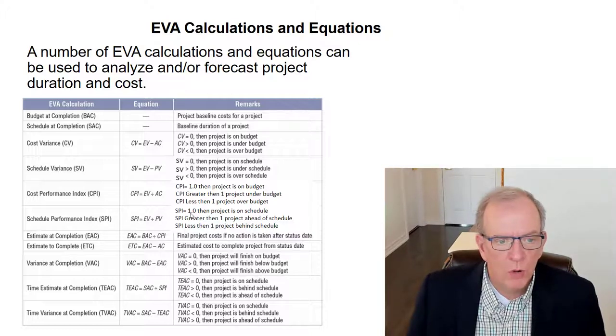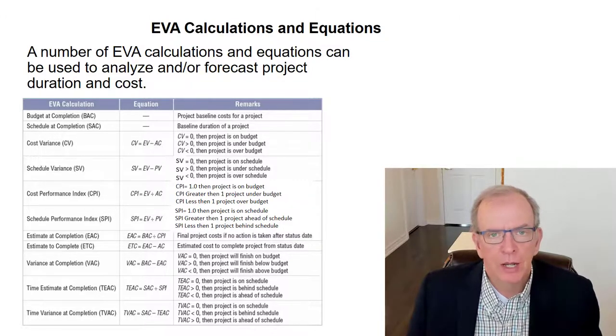If the index is 1, then you are on schedule. If it's at 0.8, then you are running behind schedule, because say your project's 100 days long, you would take that 100 days and divide it by 0.8, and it would give you something like, I don't know, I'd have to work it out, but I think it's around 125 days.